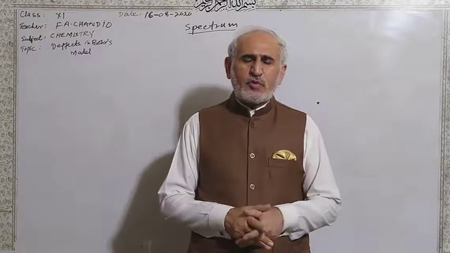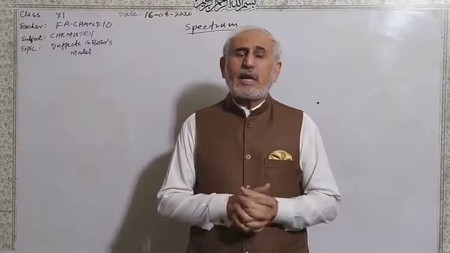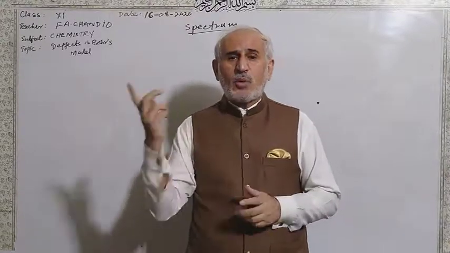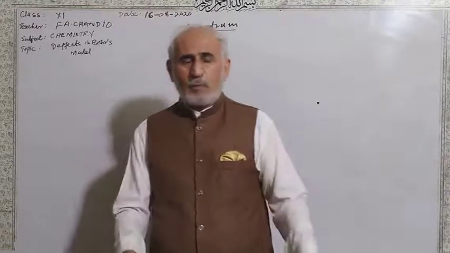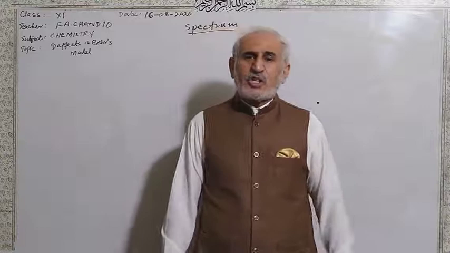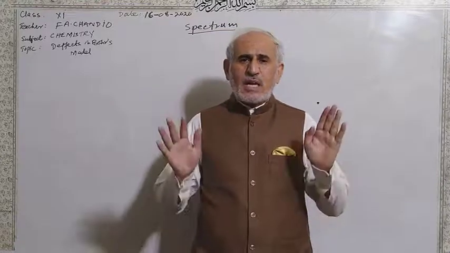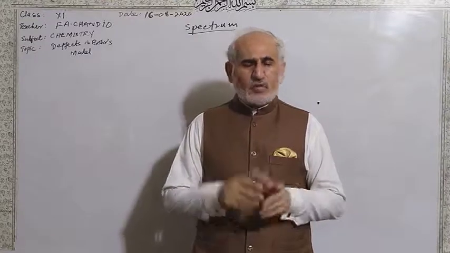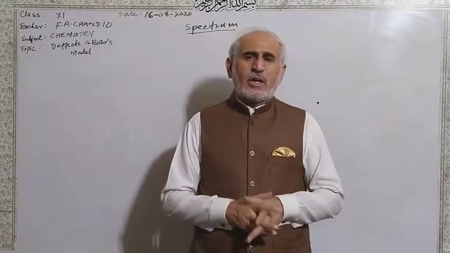A visible spectrum means we can see it with our naked eyes, just like a rainbow, this example I am giving you. The other one is called invisible; we can't see it. These are the two main spectrums, visible and invisible.